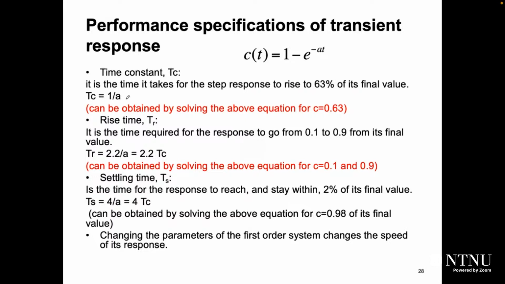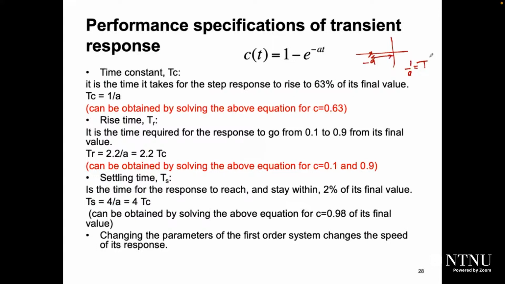This time constant will be 1 divided by a. And a is your pole location, right? So in the pole-zero plot, you will get a pole at minus a. Then 1 divided by the absolute value of a, because time is always positive, is your time constant, right?